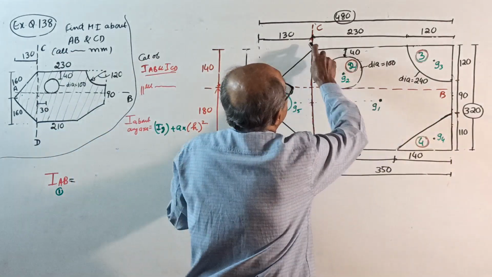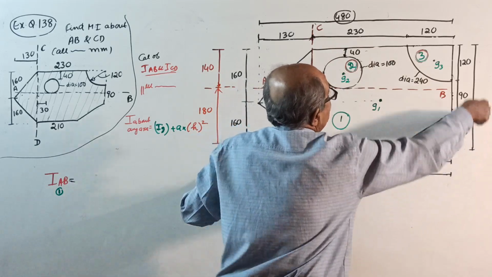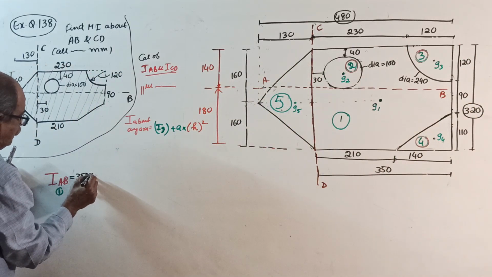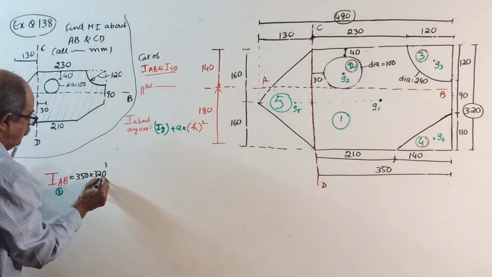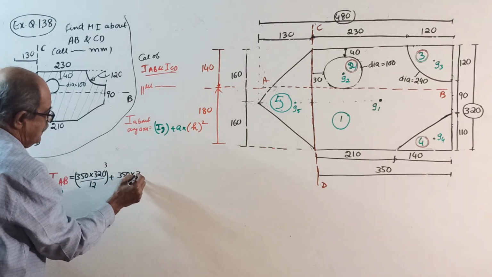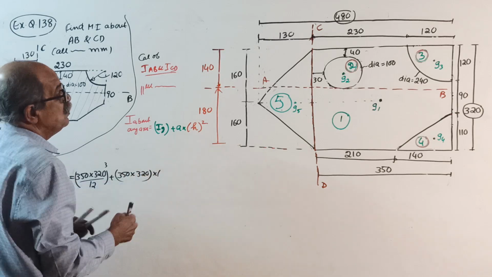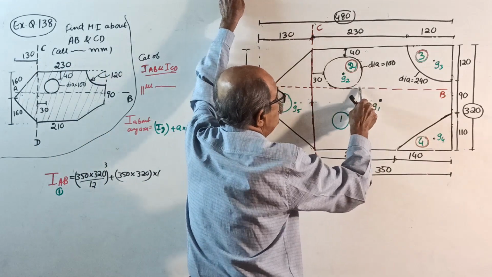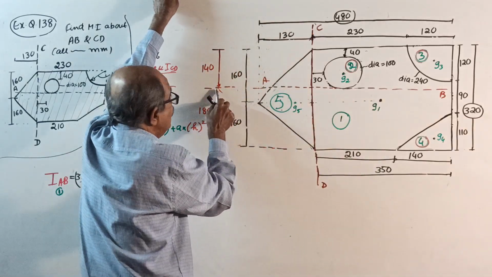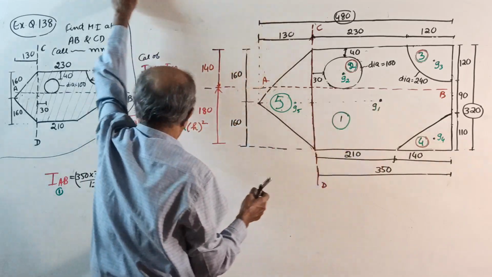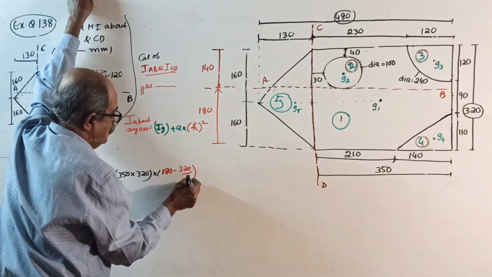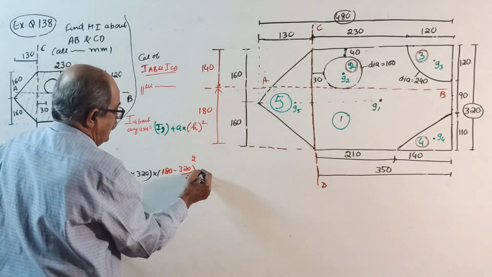This is 350 into 320 cube divided by 12, that is IG, plus area 350 into 320, into the perpendicular distance from centroid to AB squared, that is 180 minus 320 by 2, whole square. You calculate what the answer is.